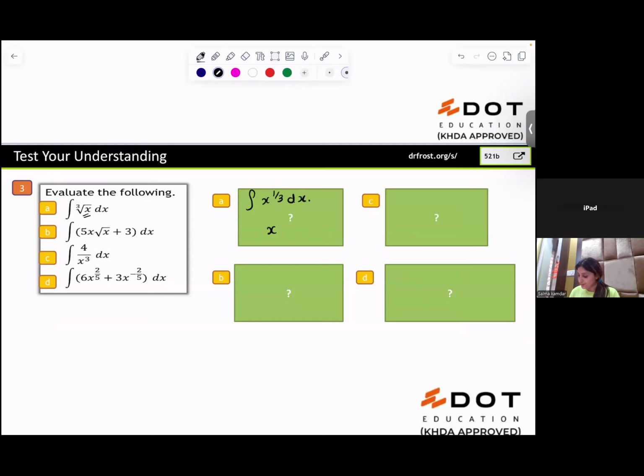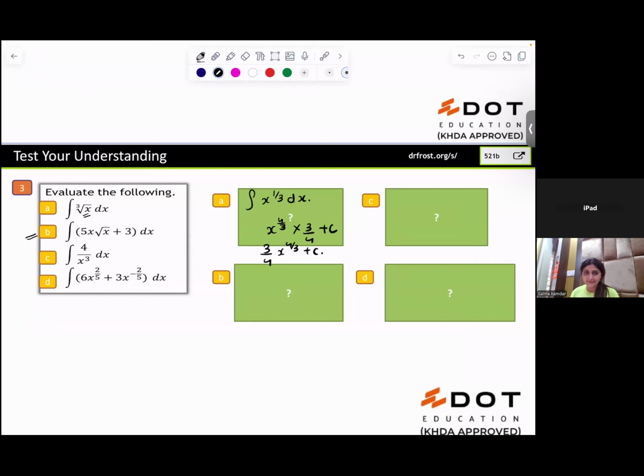So it's 1 by 3. I'm adding 1. It becomes 4 by 3. Okay, divided by the new index. When I'm going to divide it by a fraction, that means I'm going to multiply it with the reciprocal of it, plus c. So this becomes 3 by 4 x raised to 4 by 3 plus c.